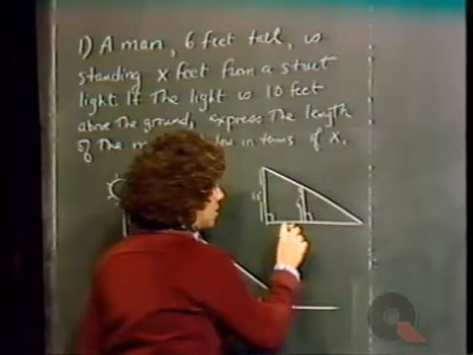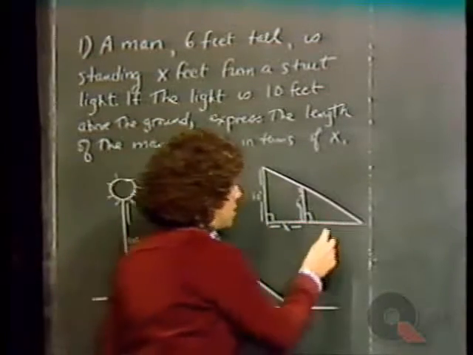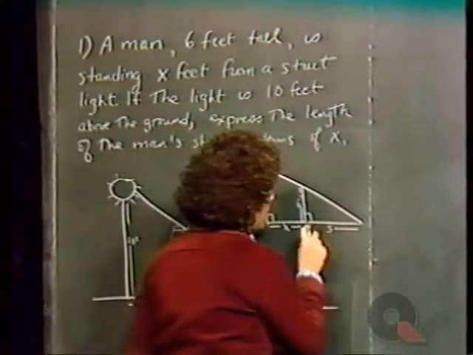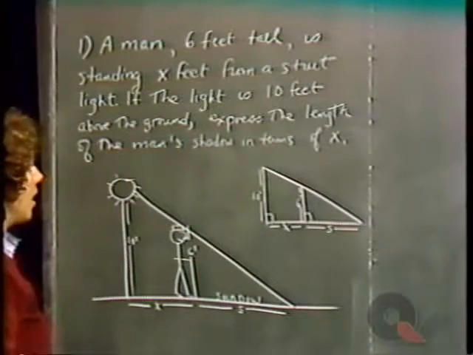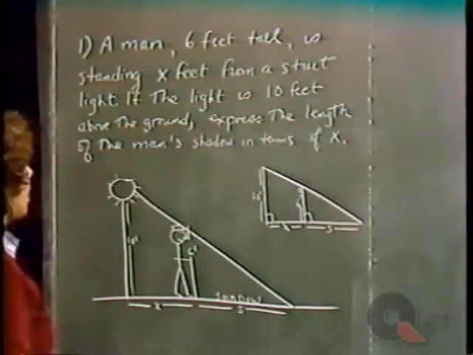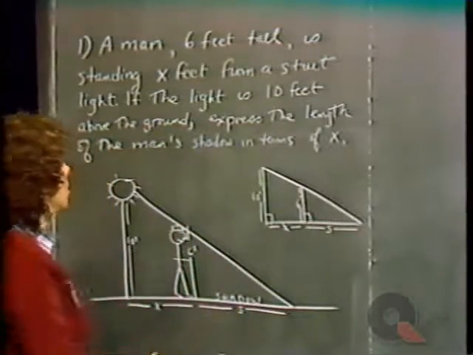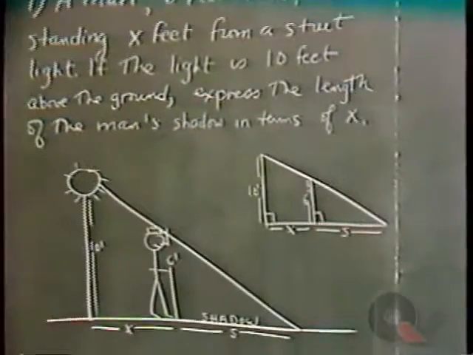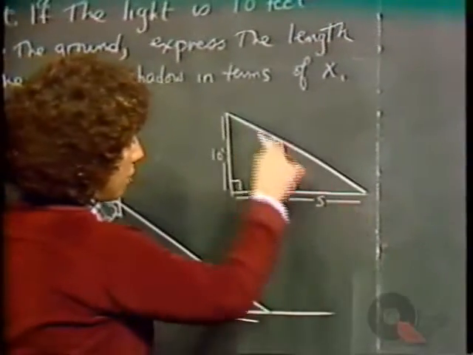X represents the distance between the man and the street light, and S the length of his shadow. Okay, we're looking for an equation linking X and S. We would like to have an expression for S in terms of X.